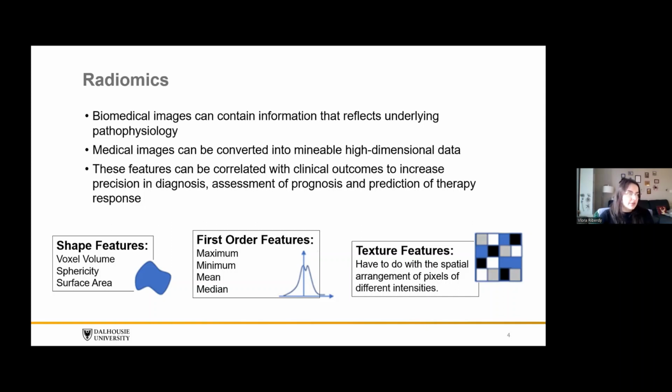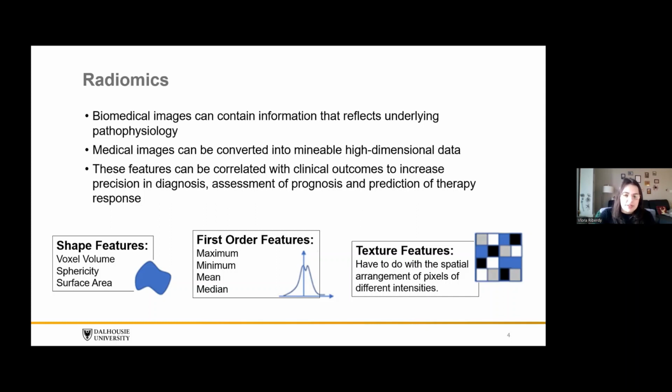So the first types of features that we're looking at are shape features, which are based on your chosen region of interest, so things like voxel volume, sphericity, surface area. Next, we have first order features, which are based on the image intensity histograms, such as maximum, minimum, mean, median.